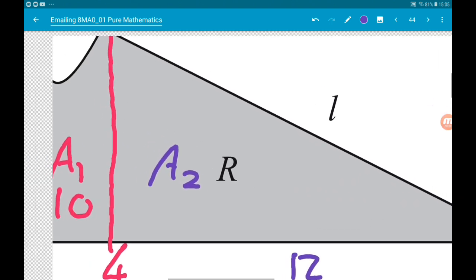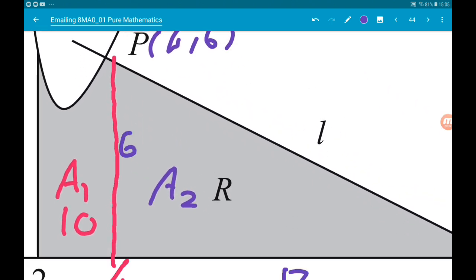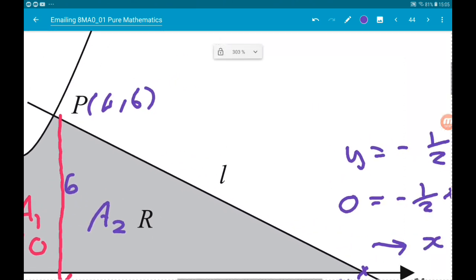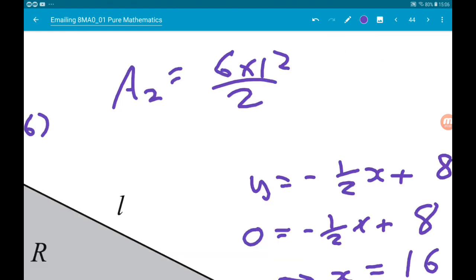Now we know the height of the triangle is 6. So the area of A2 is 6 times 12 over 2, which gives us 36.